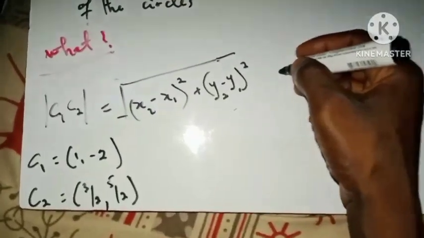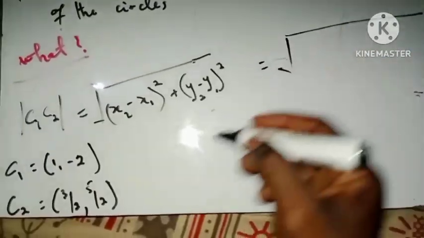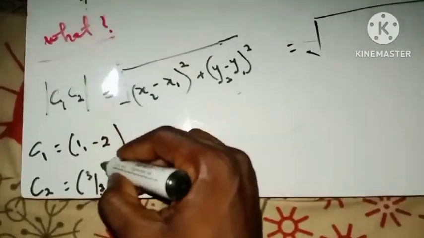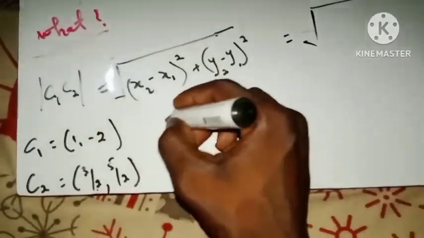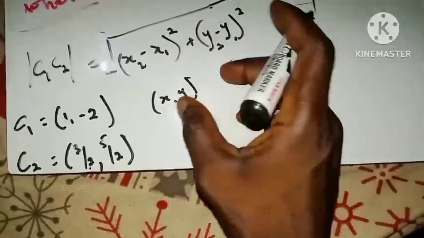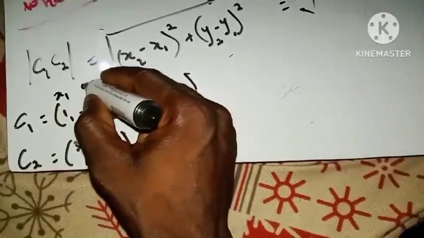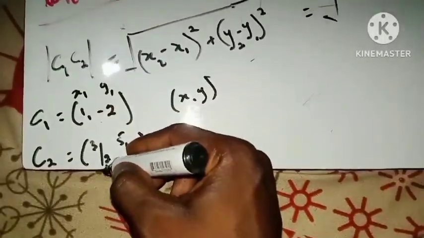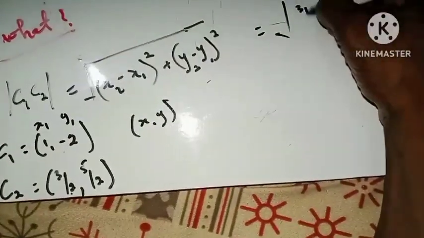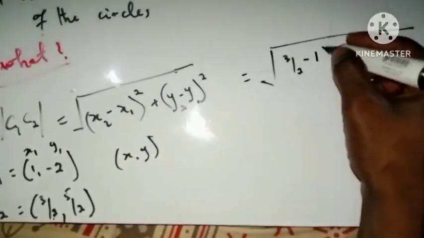From here, these are the definitions that we are given. That is going to be the square root of x2 minus x1. Don't be confused, it's moving in pairs, so x comma y is how we have the points. Since you have two different points, we are naming them x1 and x2. So this will be our x1 and y1, and here is going to be the x2 and y2. So x2 here is 3 on 2 minus x1, which is 1, everything squared.